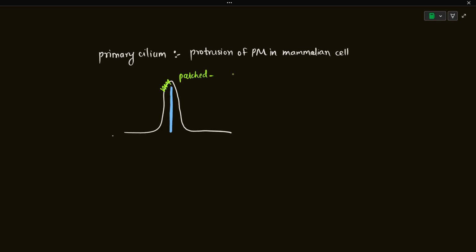The patched receptor is a large transmembrane receptor, and it has interesting qualities. It resembles a lot the bacterial efflux pumps. And what does a bacterial efflux pump do? It removes molecules from inside the bacterial cell and throws them out into the extracellular environment.